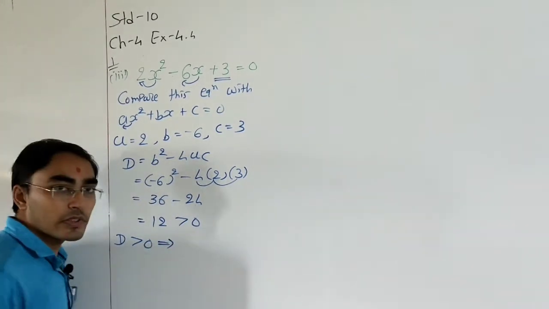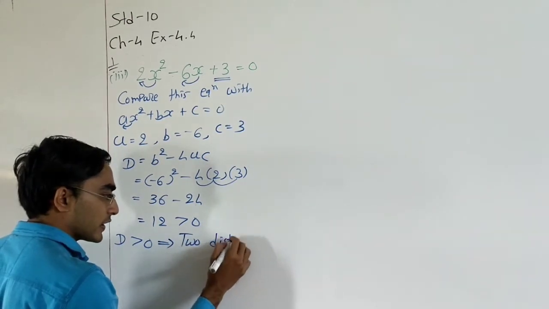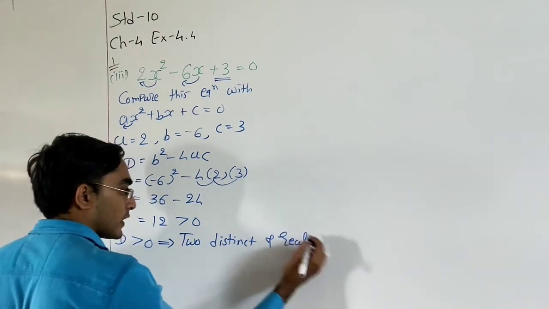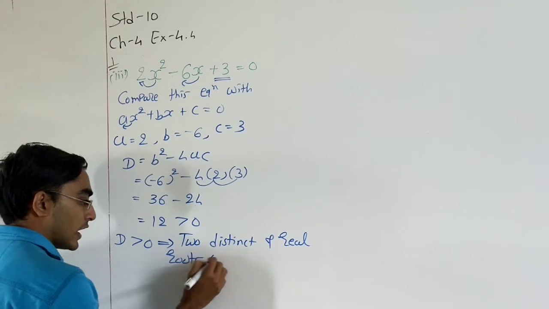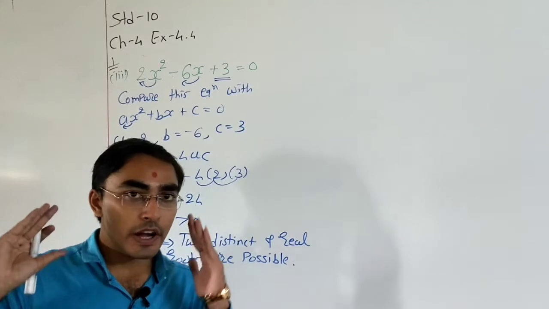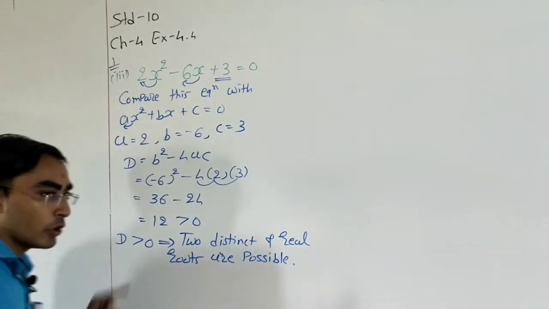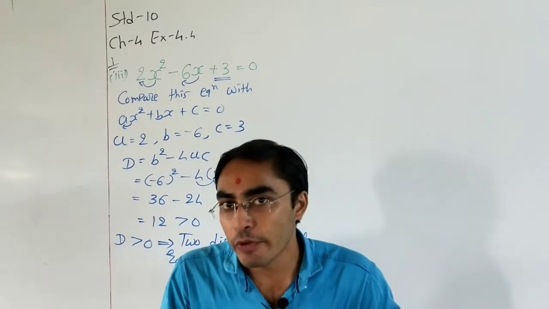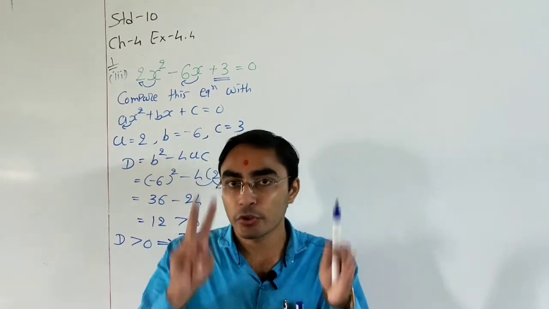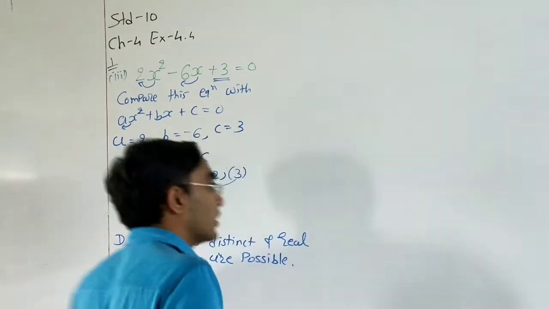So two distinct and real roots are possible. So we can get two values of x here, and we get different values. So those two values we need to find here. They are called the roots of the quadratic equation.